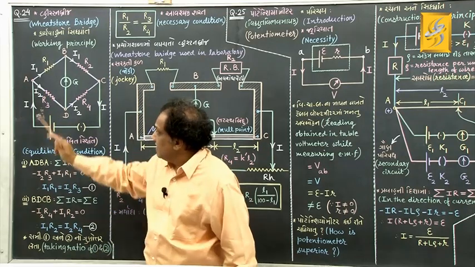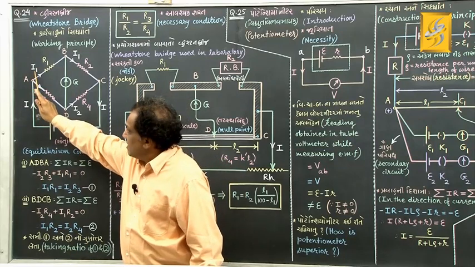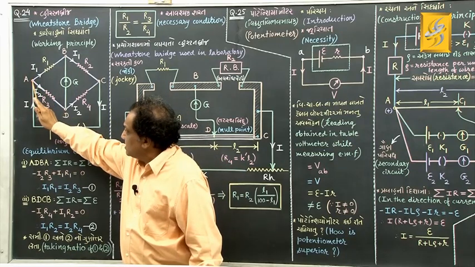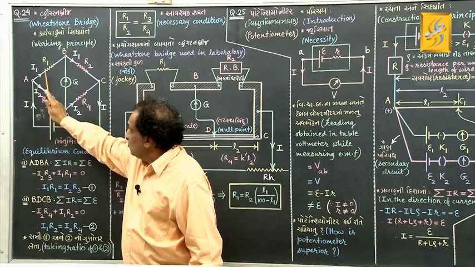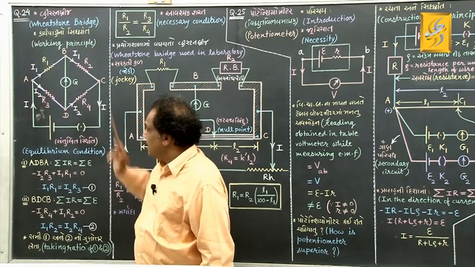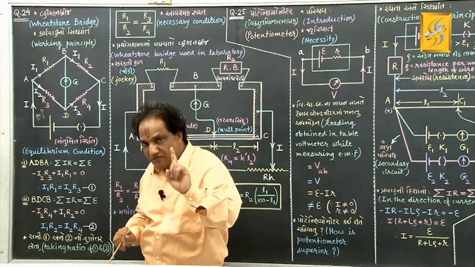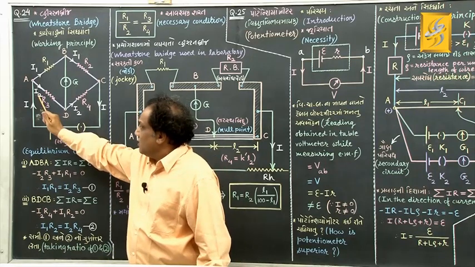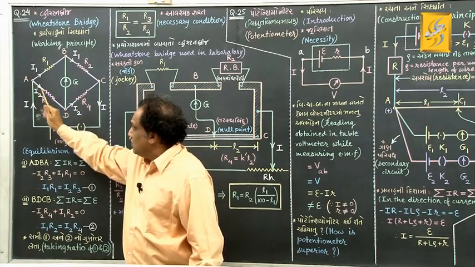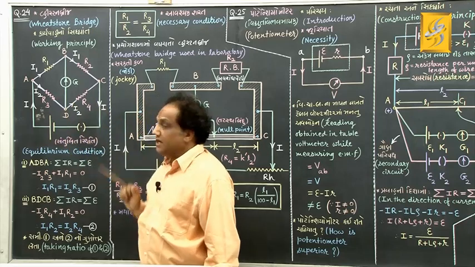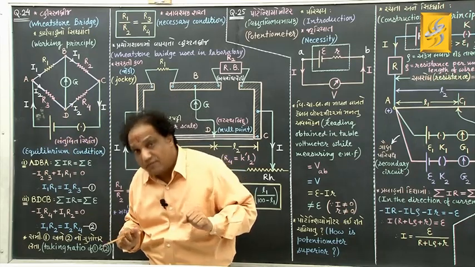I repeat, this current I1 is flowing through this arm A to B to C, correct? It is called the first arm of a Wheatstone bridge. Where I2 is flowing, it is this arm A to D to C. It is called the second arm of the Wheatstone bridge.